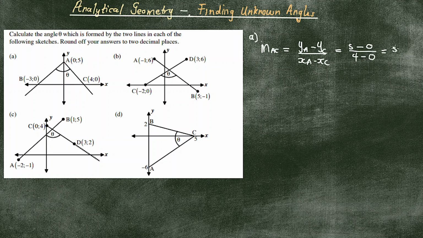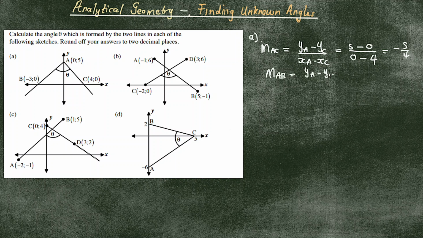So the answer is going to be, it can't be positive. I made a mistake somewhere. XA, oh, that's 0, not 4. And then C, it's going to be 4. The answer is minus 5 over 4. So I now have the gradient of AC. But then let's also calculate the gradient of AB.